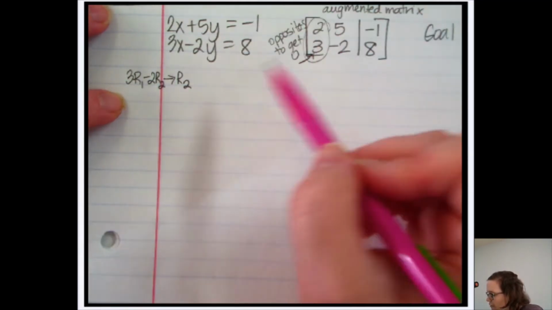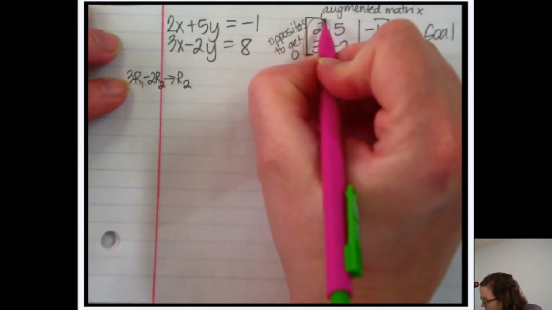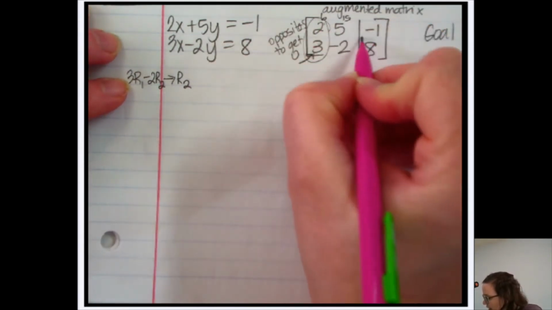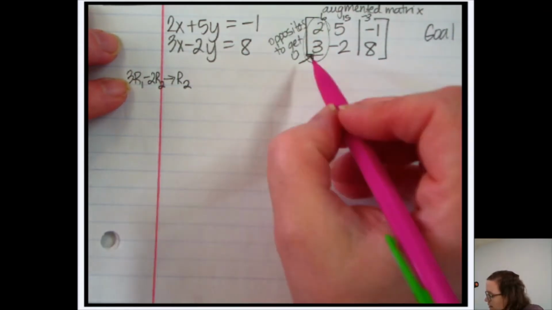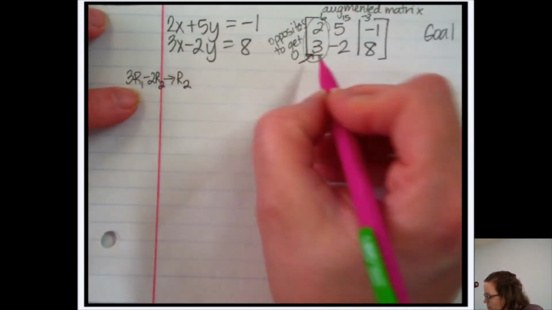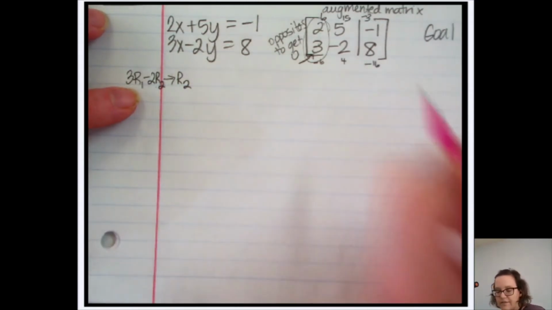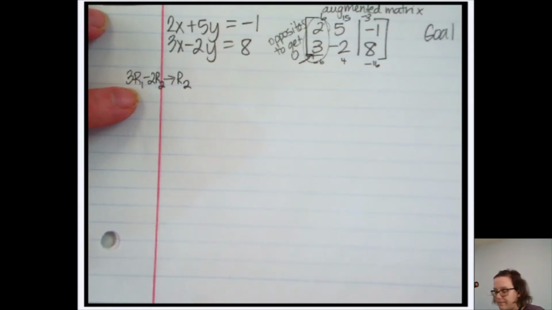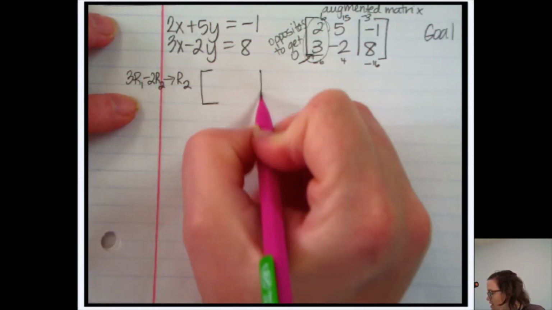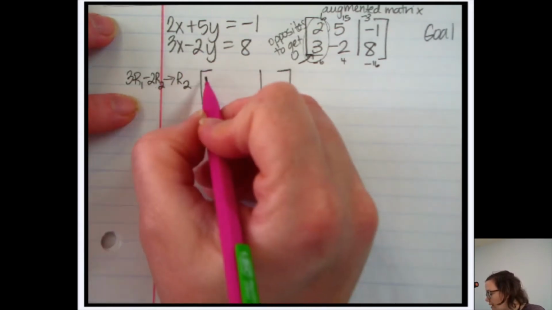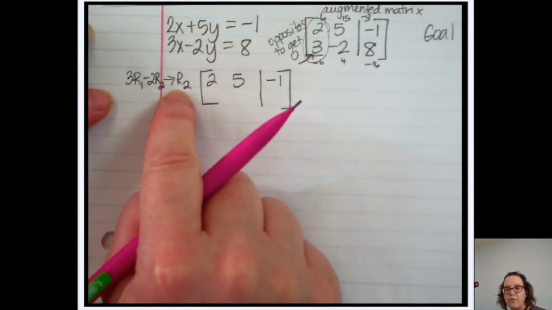Okay, so if I multiply this top one by 3, I get 6, 15, and -3. Down here, if I multiply by -2, I get -6, +4, and -16. Okay, so now I put these together. We did not change row 1, so let's go ahead and write row 1 down. Because again, this just tells us we're replacing row 2.